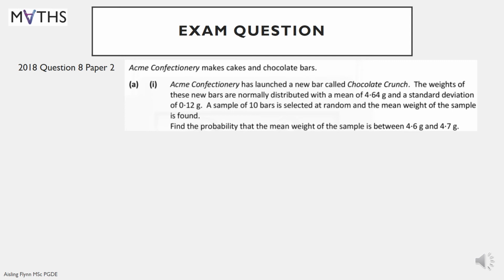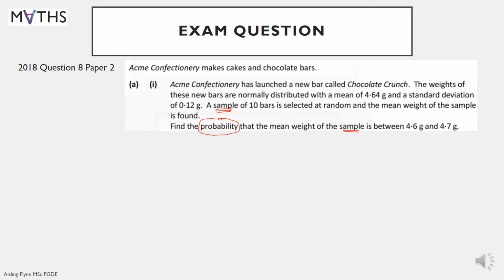So lots to take in there. They're talking about means and standard deviations with the word probability, so we're talking z-scores. We're talking about a sample. Find the mean weight of the sample is between these values.